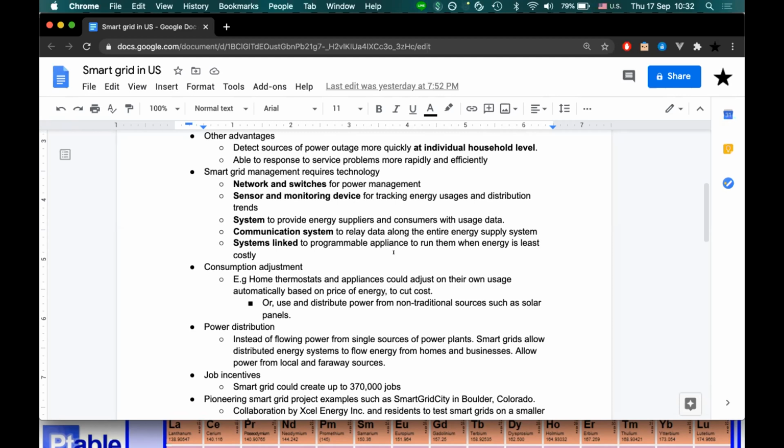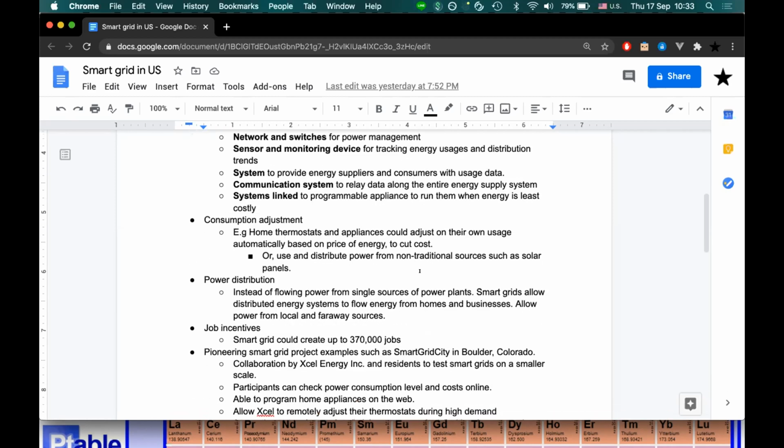One of them is networks and switches for power management, sensors and monitoring devices for tracking energy usage, and systems to provide energy suppliers and customers with data, communication systems, and also systems linking programmable home appliances, like air conditioning, heating systems, etc.